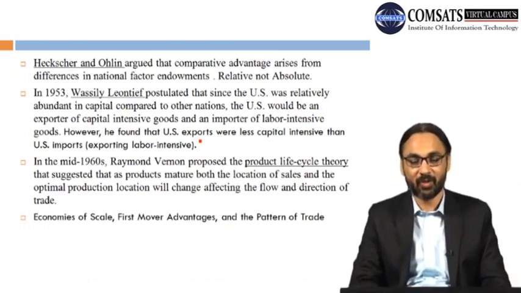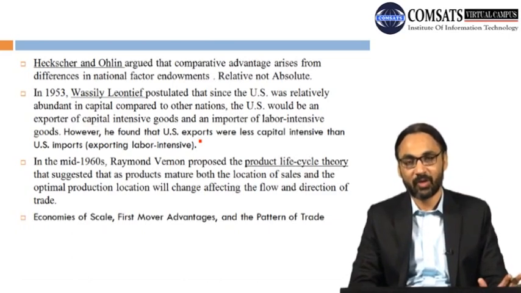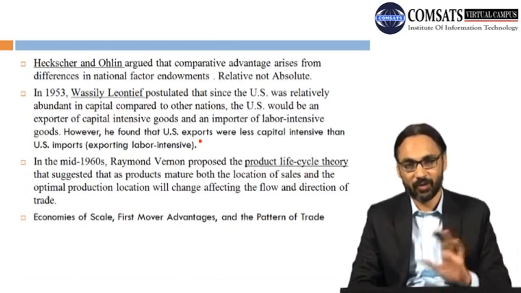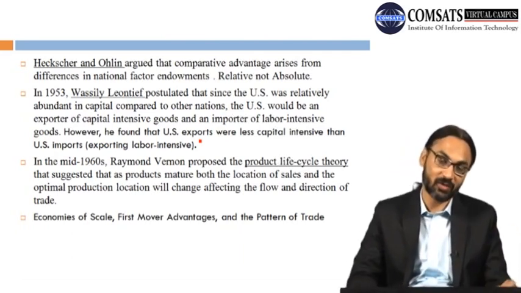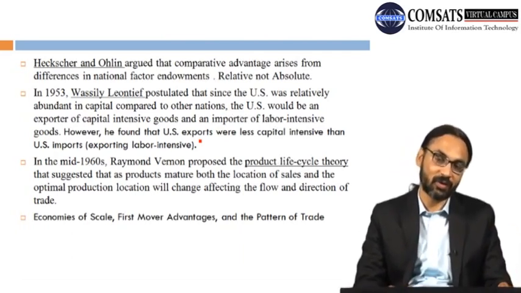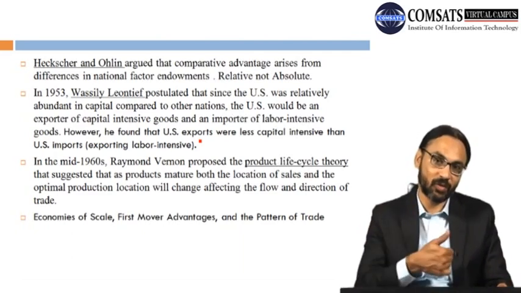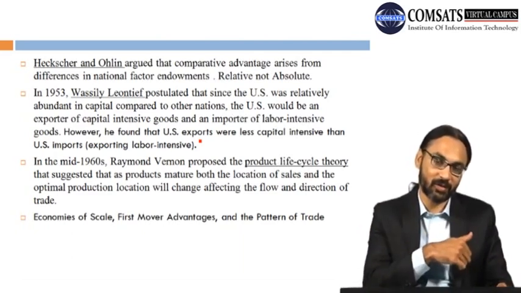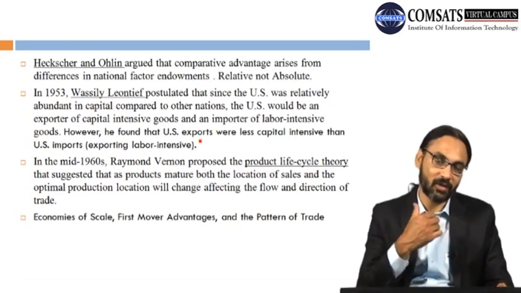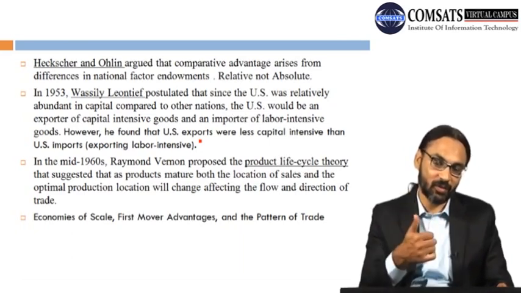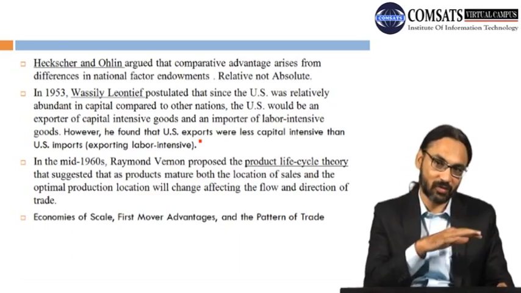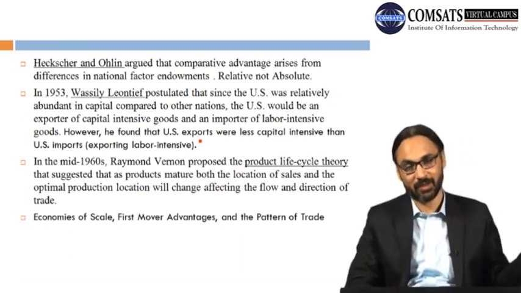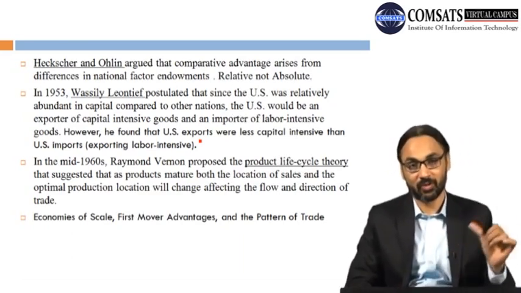With the passage of time, the location of sale and production changed, and the direction of trade changed as well. Initially it was from the US to Europe, then Europe to developing countries, and later it was not only from the USA to other countries but from developing countries to Europe and the USA.